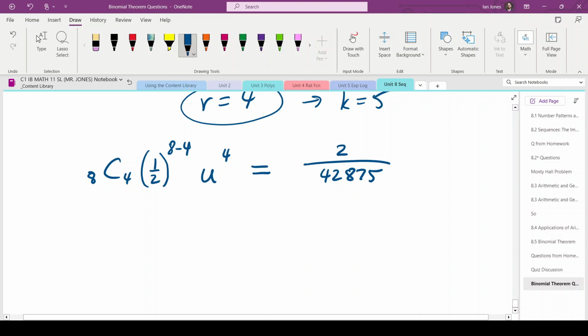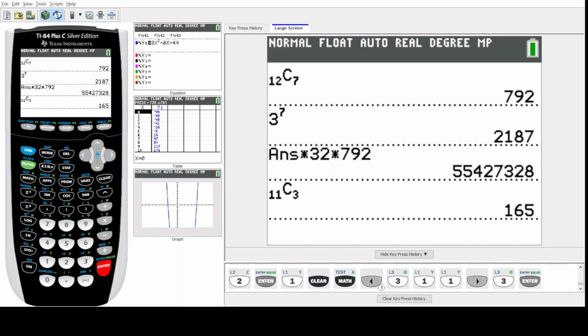So now it's really just a matter of solving for u. Notice that I didn't evaluate this, I just plunked it in so that I'm showing exactly what's going to happen step by step. Now 8 choose 4, I might as well just come over to the GDC for this.